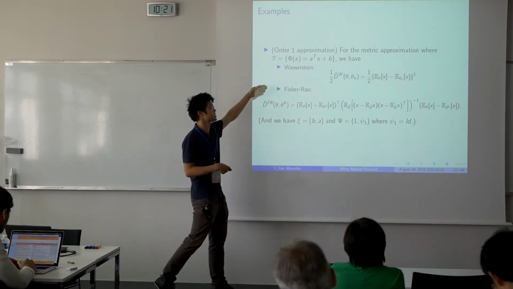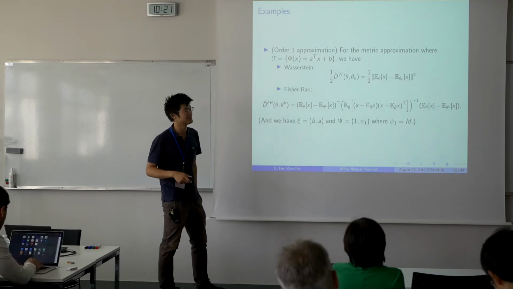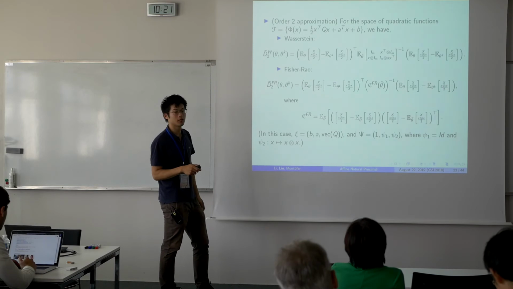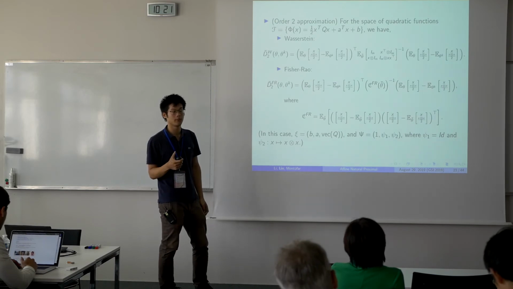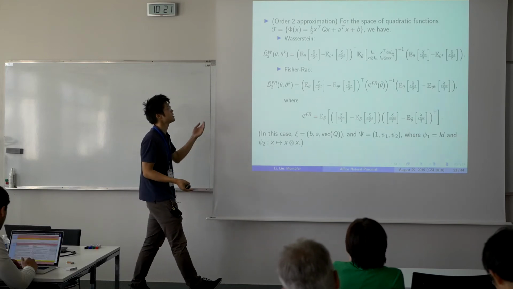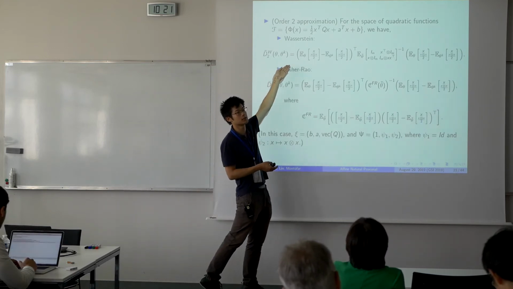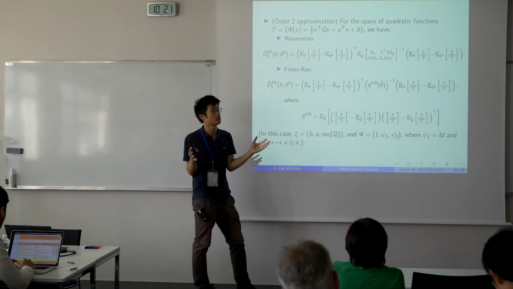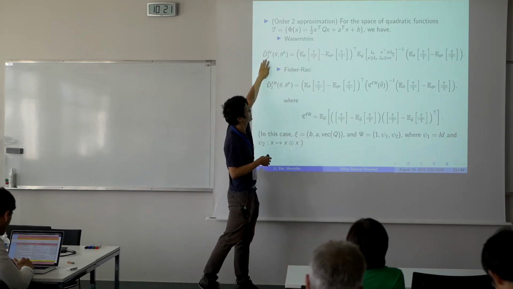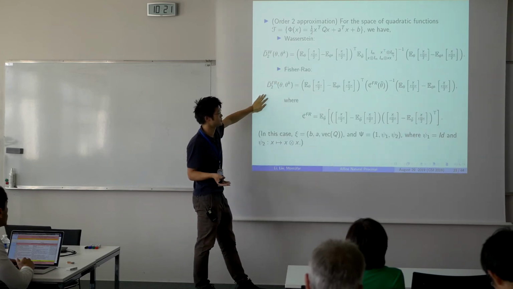As you can see, the Wasserstein distance is a lot simpler than the Fisher-Rao. We also went one step above and got an order 2 approximation, which is basically restricting everything to quadratic functions. So you choose phi as quadratic functions, and you'll get that the Wasserstein distance looks like this, and the Fisher-Rao approximation will look like this.